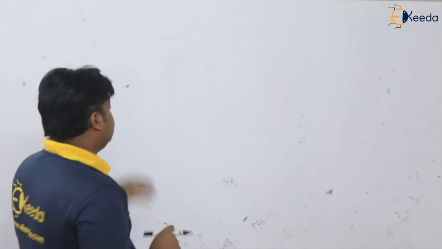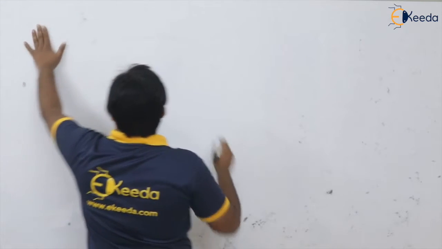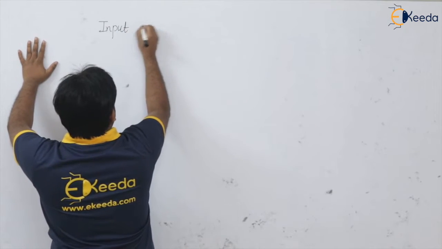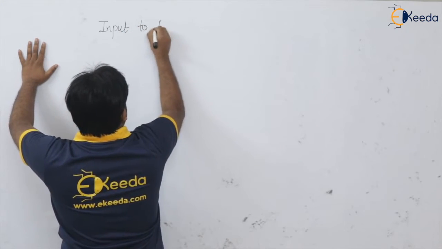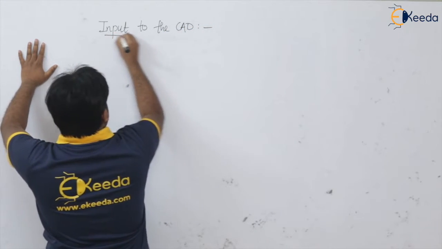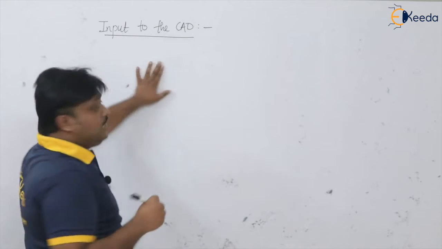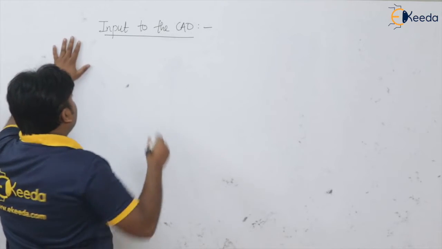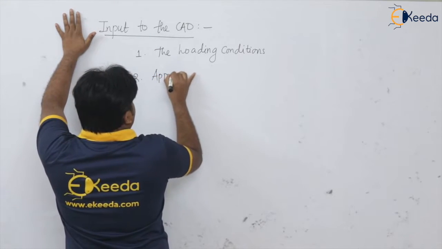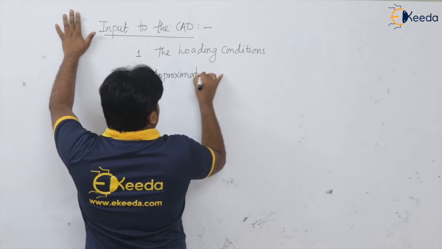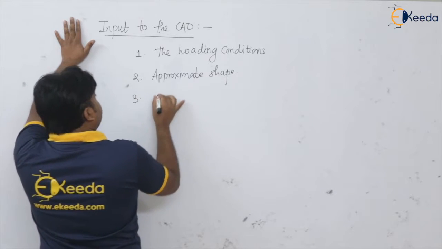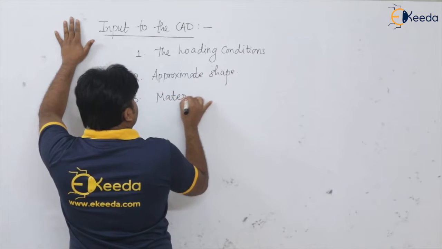Now if you look at this CAD, what are the inputs to the CAD? So what inputs do we have to give to the CAD? Number 1, the loading conditions. Second is the approximate shape. Third, we have to give the material properties.